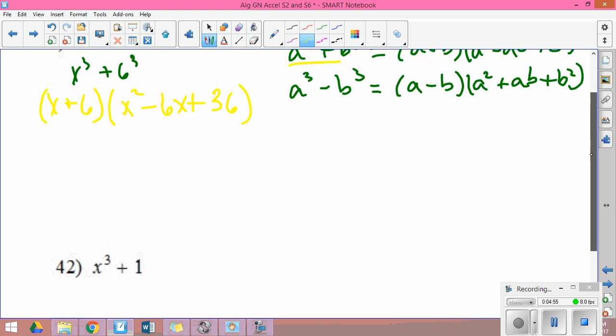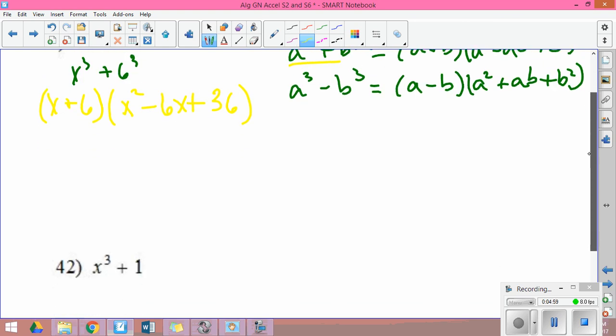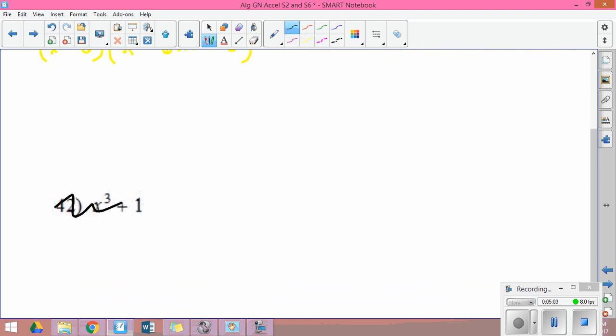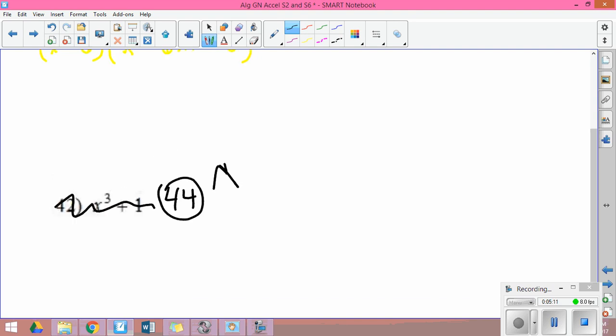If we jump down to homework number 44, I'll just rewrite 44. Look at number 44, which is x cubed minus 125.